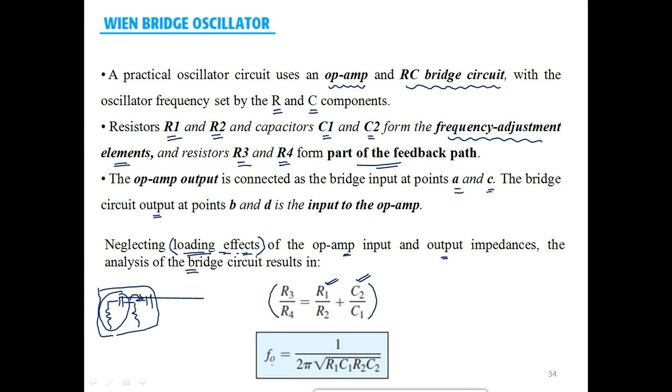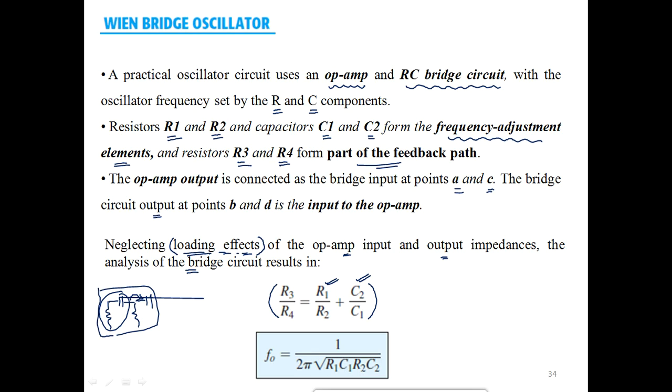Then what about the frequency of oscillation? fo stands for oscillatory frequency, and is given as 1 upon 2 pi square root of R1 C1 R2 C2, because R1 C1 and R2 C2 are the resistive and capacitive elements responsible for the adjustment of the frequency.